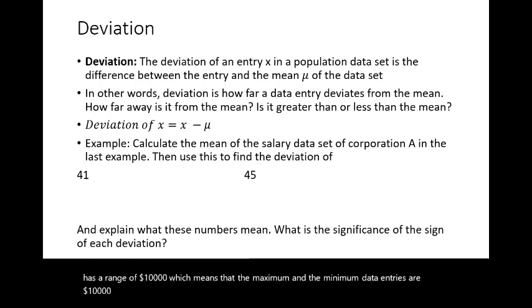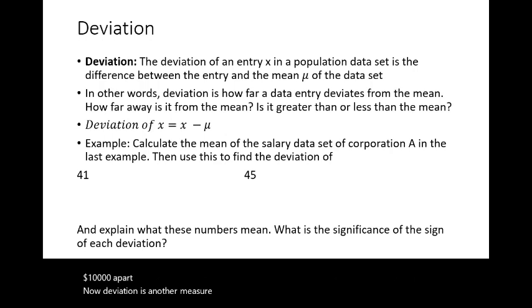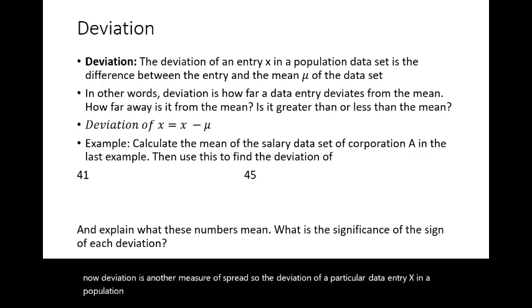Now, deviation is another measure of spread. The deviation of a particular data entry x in a population data set is the difference between that data entry and the population mean mu of the data set. In other words, deviation is how far a single data entry deviates from the mean.